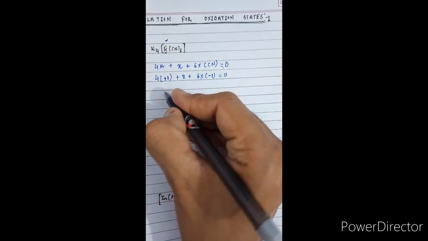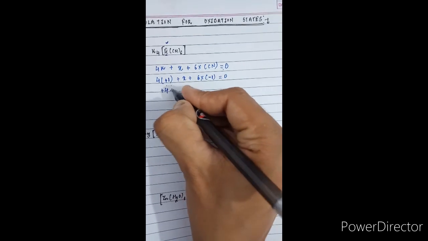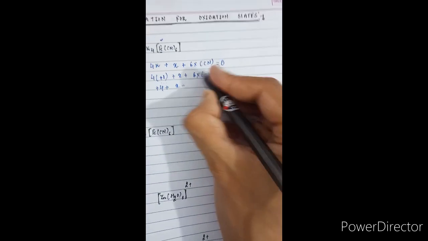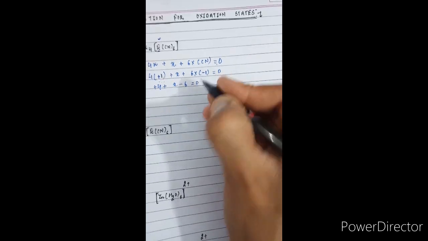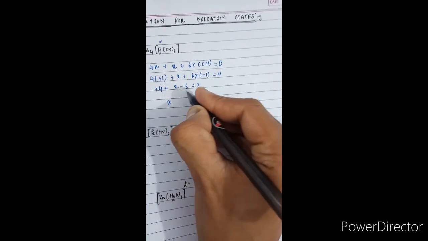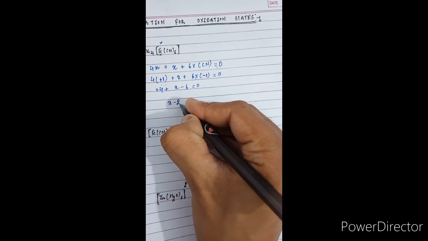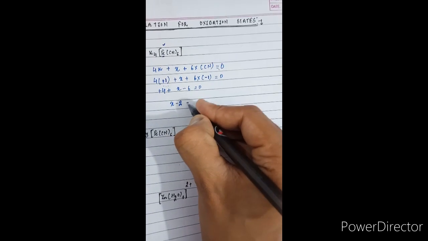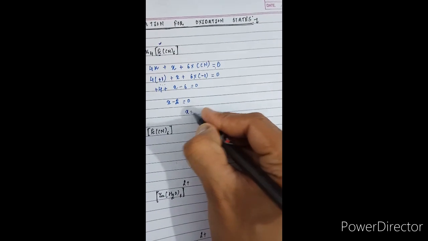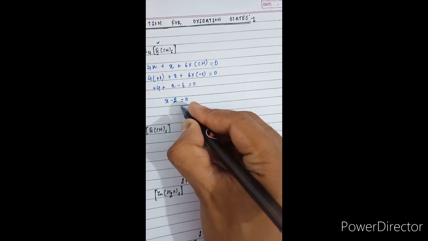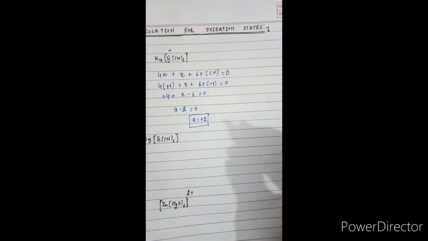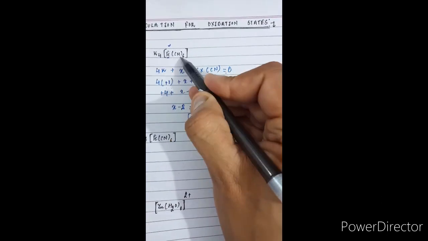Now simple calculation: +4 plus X, plus 6 into -1, that is -6, equals 0. Now X minus 6 plus 4, that is X minus 2, equals 0. So X equals +2, meaning the oxidation state of iron in this complex is +2.